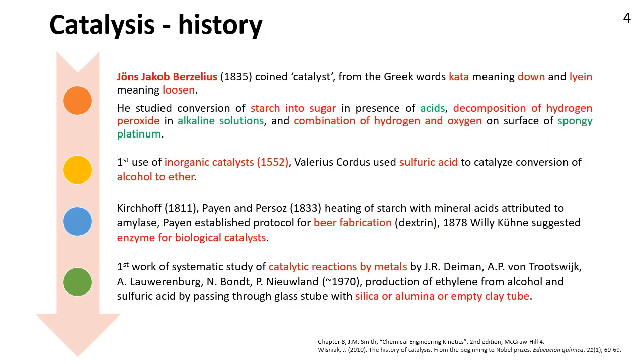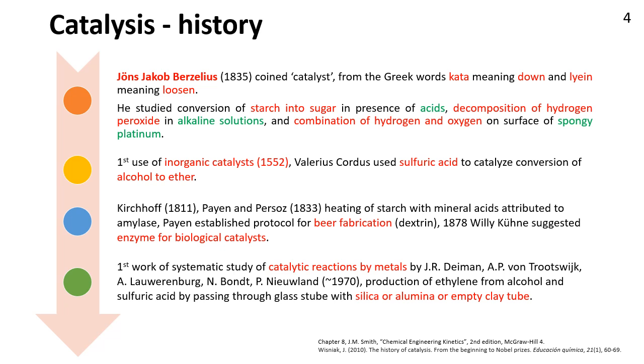So we'll go over a brief history of catalysis, where Jacob Berzelius was the one that coined this word catalyst for a series of reactions that he saw over a period of years in the late 18th and 19th century. There's a lot of work on reactions where a substance is added and that is increasing the rate of reaction.